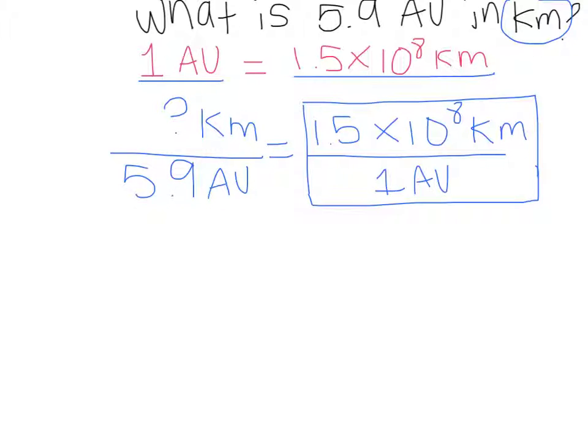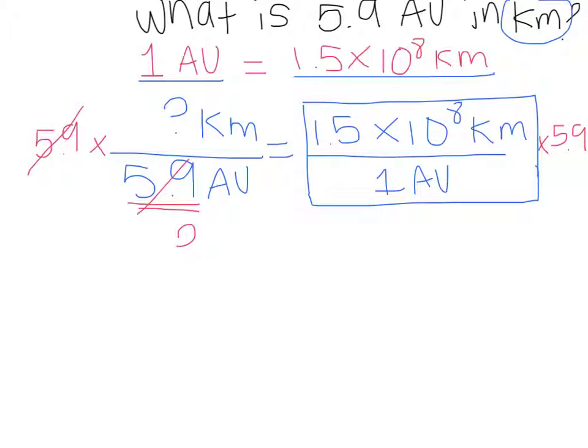Okay, now the next step is we want to get rid of this 5.9. In order to do that, we have to multiply both sides by 5.9. Now this cancels out.